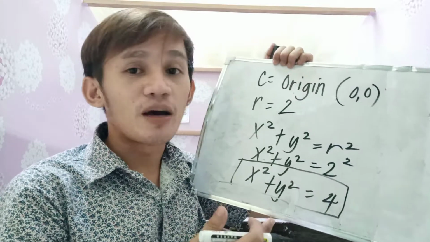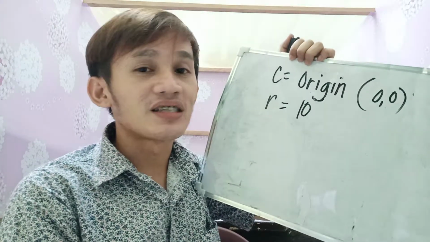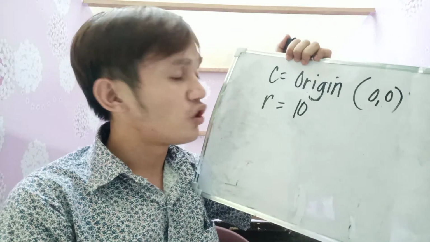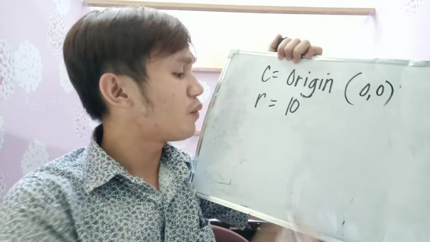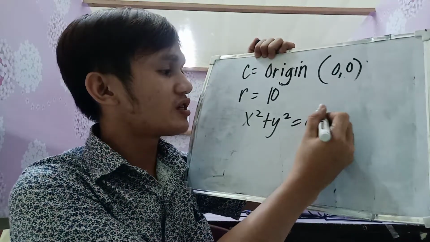As simple as that. Let us have another example. Let us say you have the standard equation of the circle whose center is at the origin, and your radius, for example, is 10. And you are asked to write this in standard form. So you're just going to use the formula x squared plus y squared is equal to r squared.